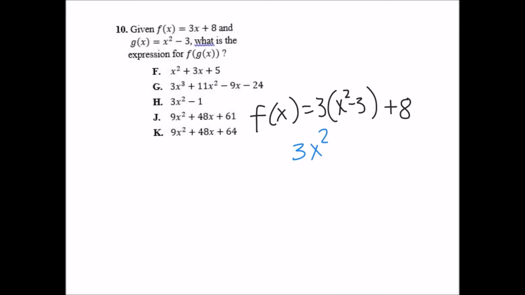What you have is you've taken the value of g of x, x squared minus 3, and plugged it in where the x was in the original expression for f of x. That's how this x squared minus 3 ends up inside this parentheses. Now you're using the distributive property to get 3x squared minus 9 plus 8, or 3x squared minus 1. The correct answer is H.